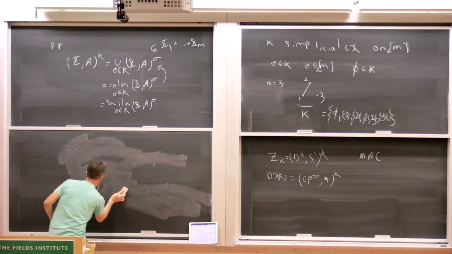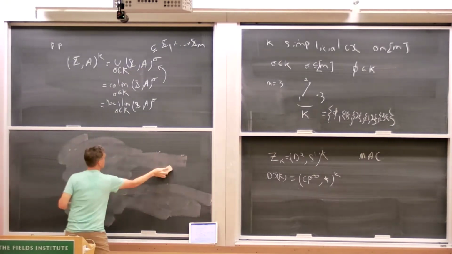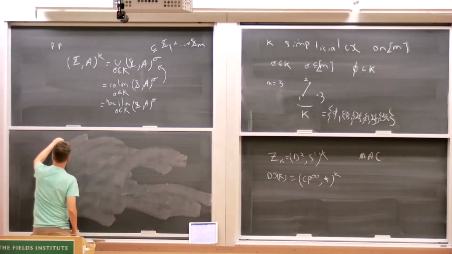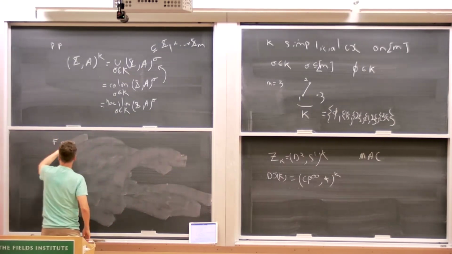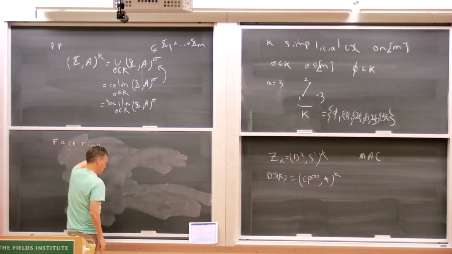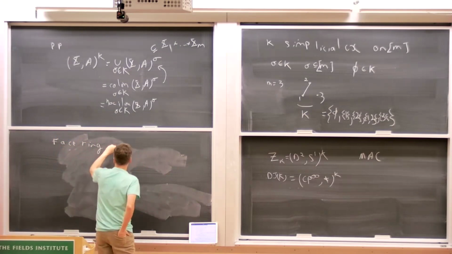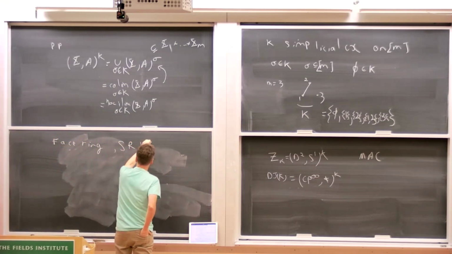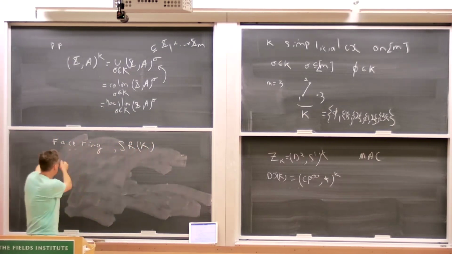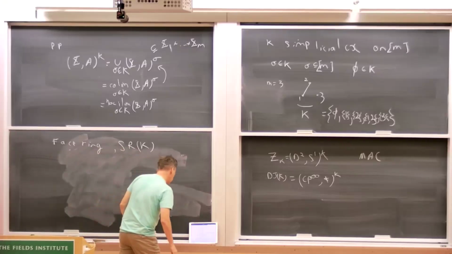So the next thing is the face ring of K, which is SR_K. The S I'm using is referring to both the face ring or the Stanley-Reisner ring, as it's sometimes called.